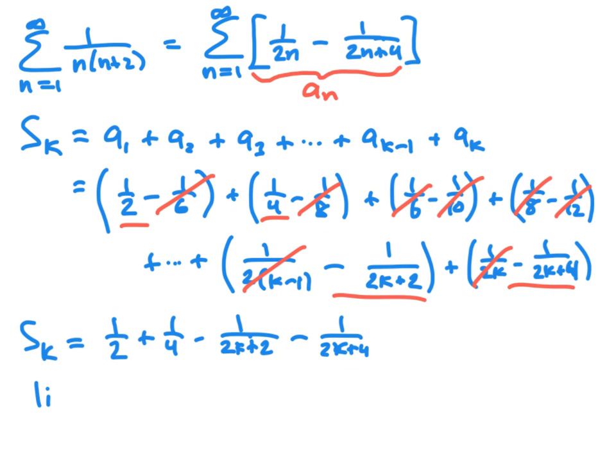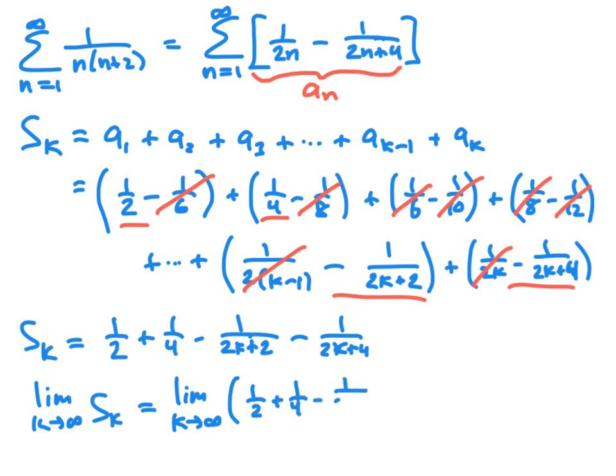We want to take the limit as k goes to infinity in this partial sum. And so we want the limit as k goes to infinity of 1/2 plus 1/4 minus 1 over 2k plus 2, minus 1 over 2k plus 4.